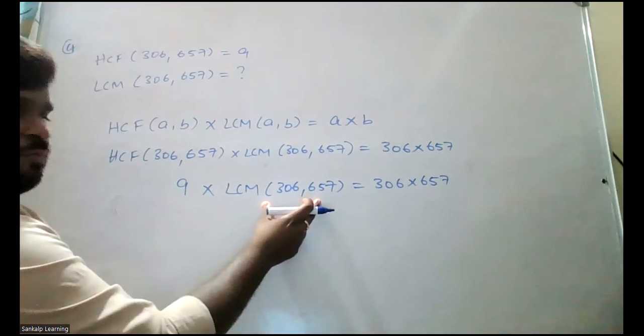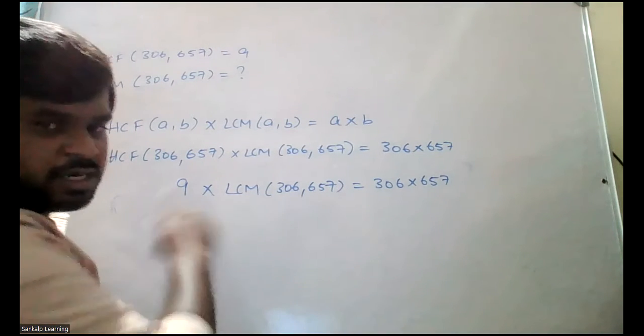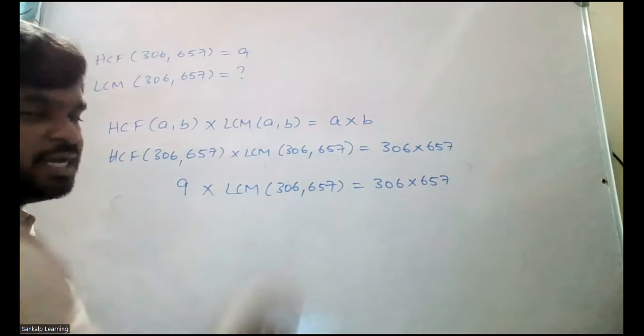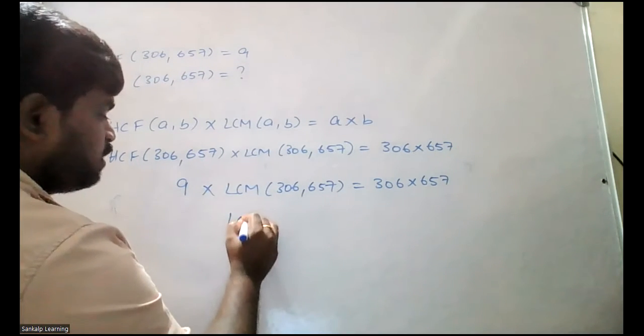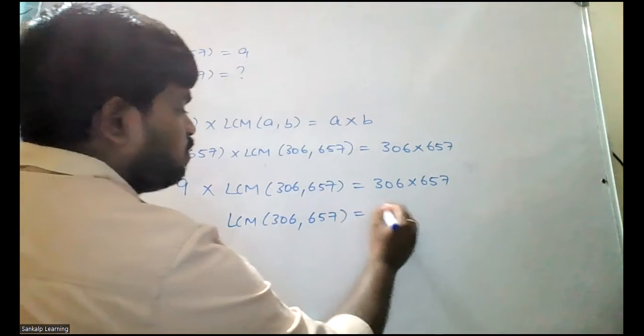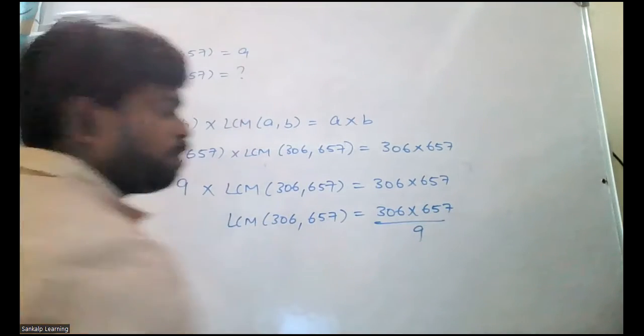We need the LCM. We don't need this 9. So let's transpose it, send it to the other side. These two are in product, so if I send it to the other side, it becomes division. It goes to the denominator. So the LCM of 306 and 657 is equal to 306 into 657 divided by 9.